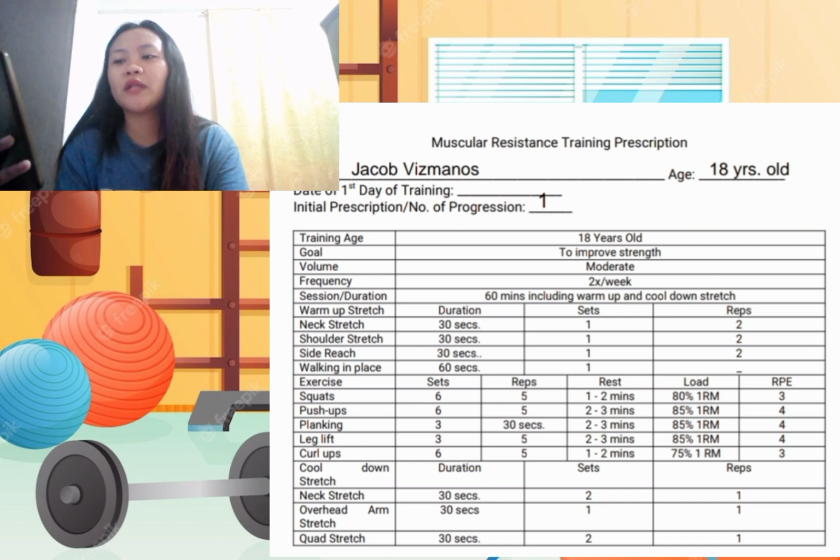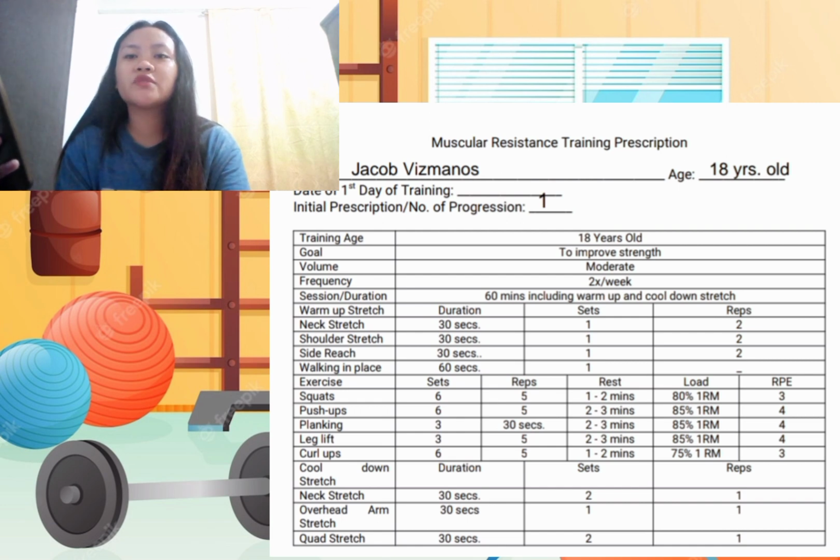For walking in place, Jacob will have a 60 seconds duration with 1 set, and since repetition is not applicable for this specific exercise, I didn't put any number here. Next is the actual exercise that Jacob will perform.